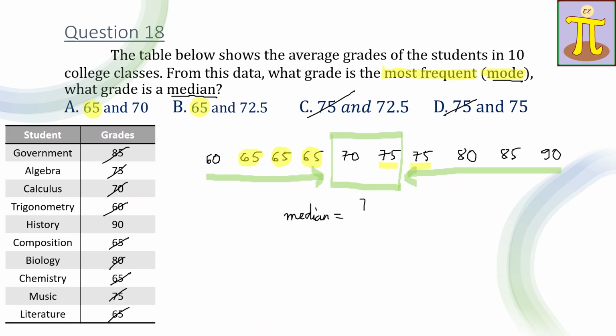That equals 70 and 75 divided by half. So 70 and 75, the result is a number bigger than 70, of course, when you divide by half.